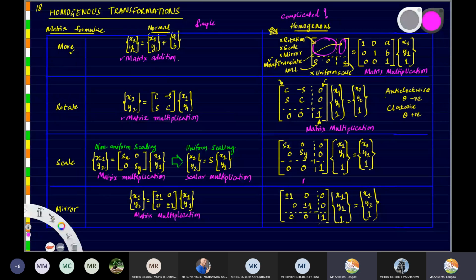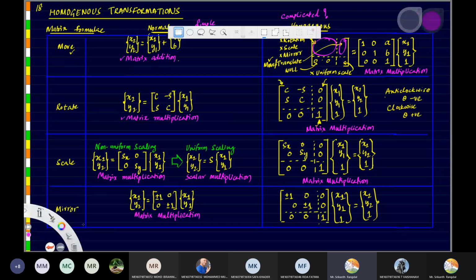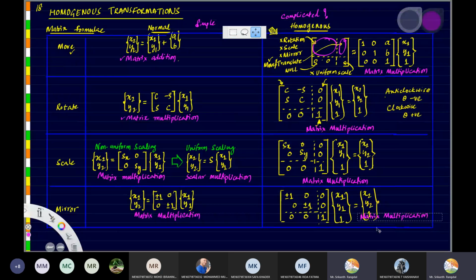Matrix multiplication. What are we doing here? Again, matrix multiplication, isn't it? What about the last one? Again, the matrix multiplication. At all these places, we are doing the same matrix multiplication, isn't it?